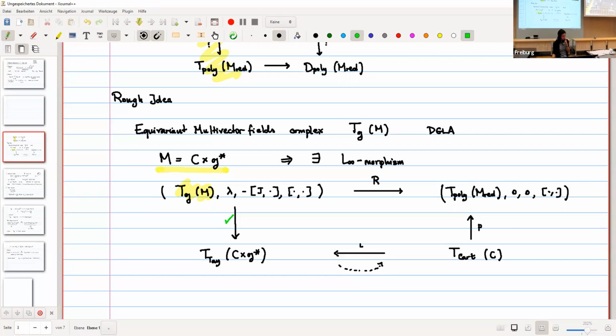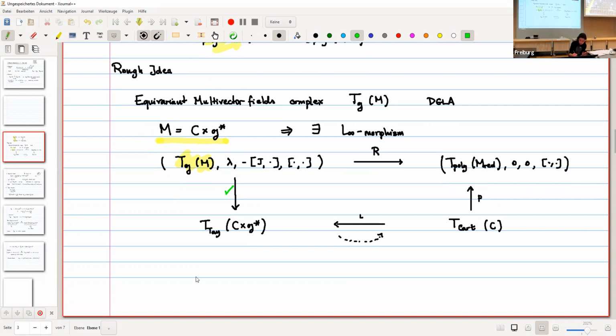I don't remember if I told you already, but I call it Cartan because if you look at the symplectic case, remember what happens in the symplectic case. You have the reduction, which can be rewritten in this way.